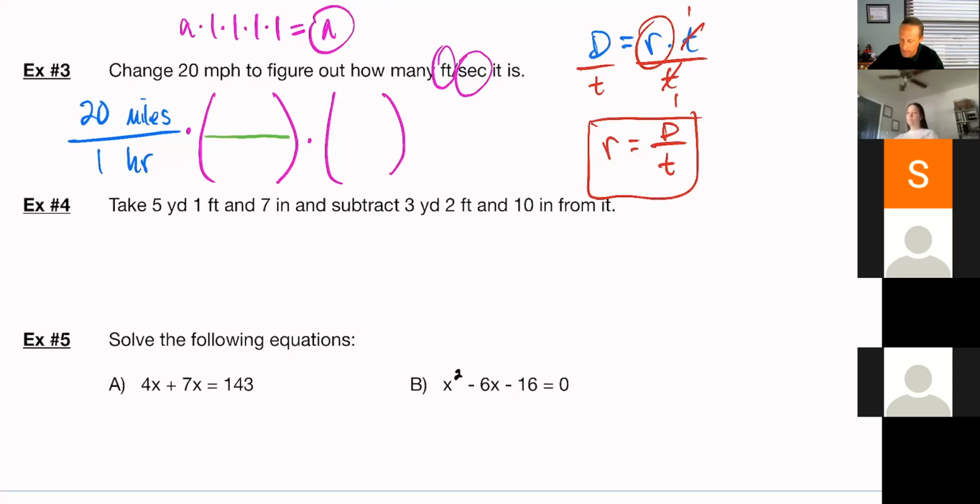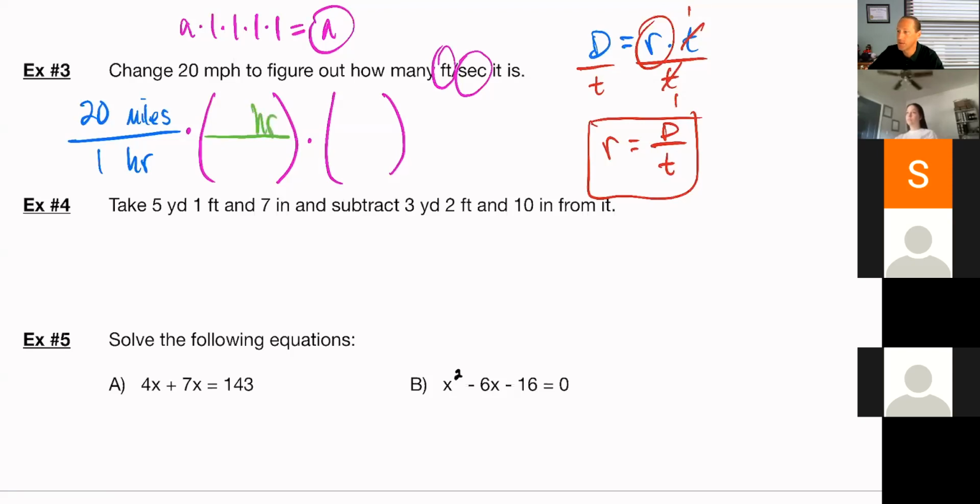Now, what do I want to have up here? And what do I want to have down here? Feet in seconds. Good, I want feet in seconds, but right now we're concentrating on hours, right? So where do I want the hours, the seconds? Which one goes where? Why do we want the hours on top?